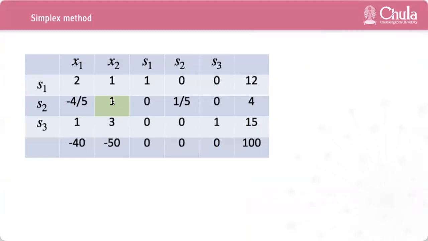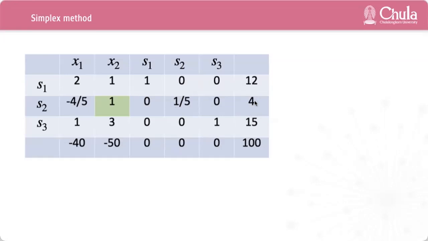And this is originally 5, we divide by 5, so it becomes 1, and it's 0. And this element originally was 1, so we divide by 5, so it becomes 1 over 5. And the last one, originally it was 20, so we divide by 5, so it is 4 now.